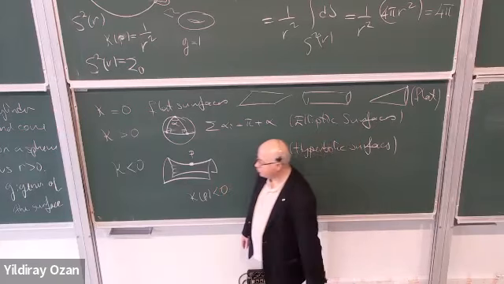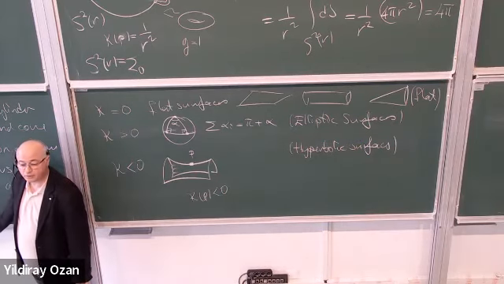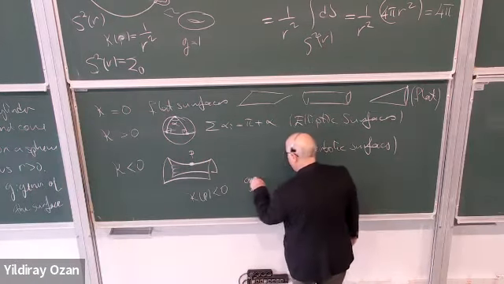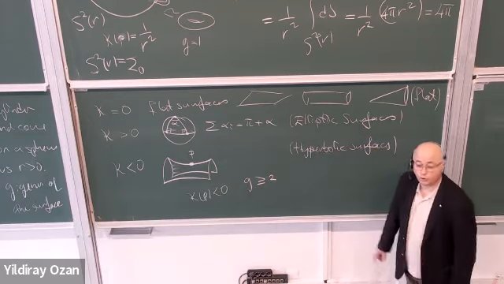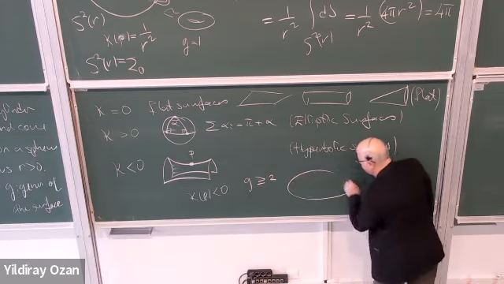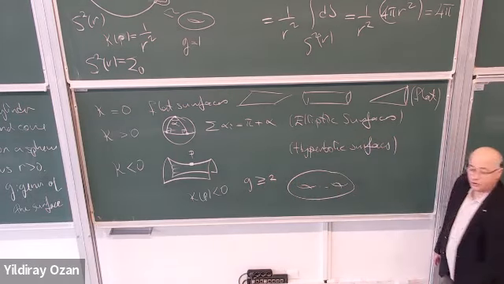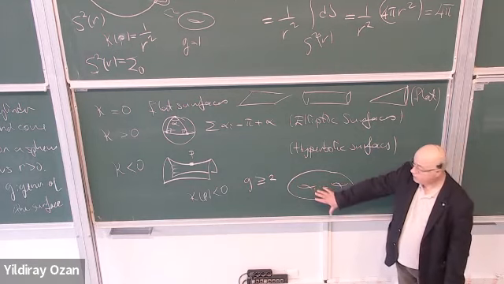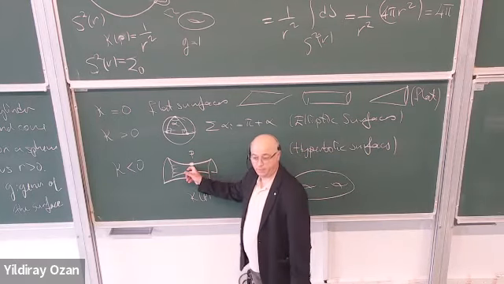Yes, there are: surfaces with genus larger than or equal to 2. If you take a surface like this, you can put a metric on it so that at each point it looks like this point.